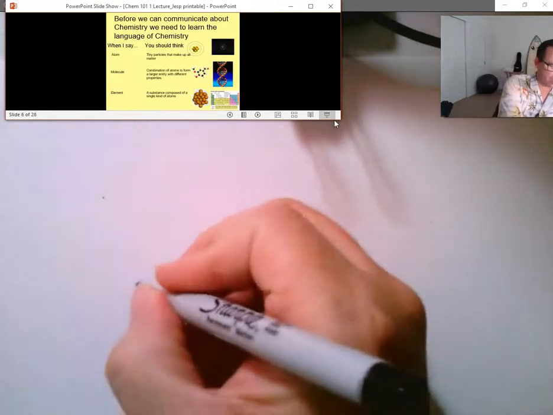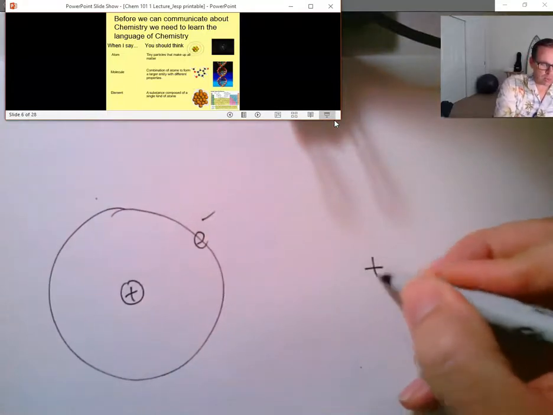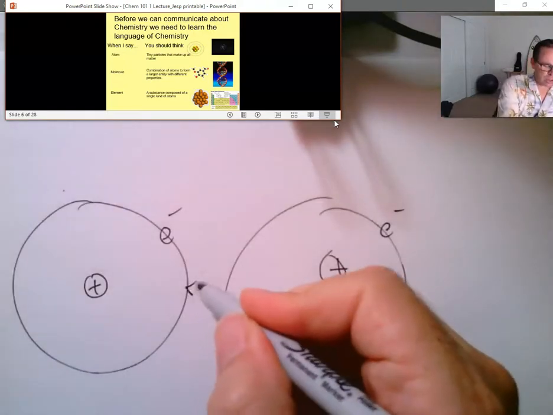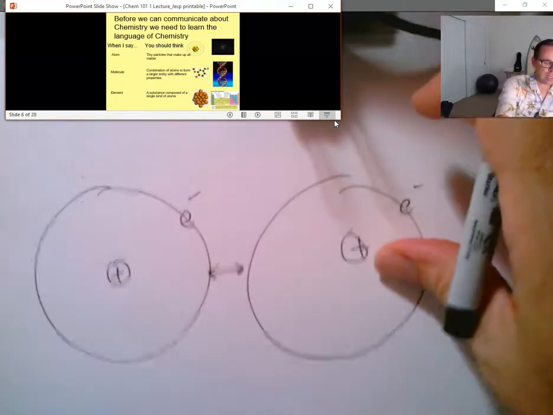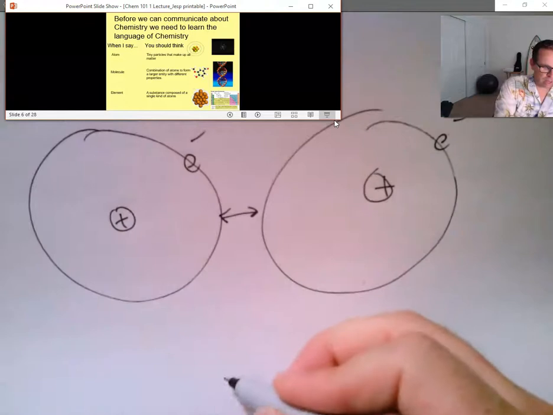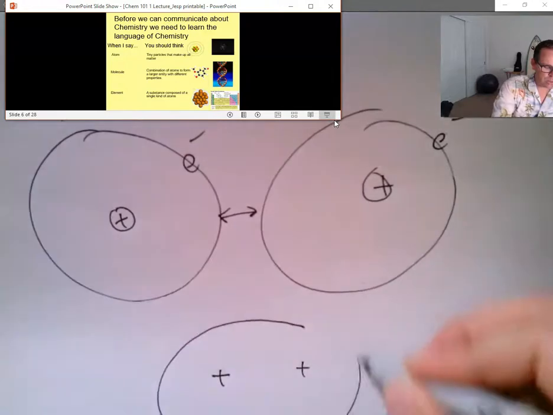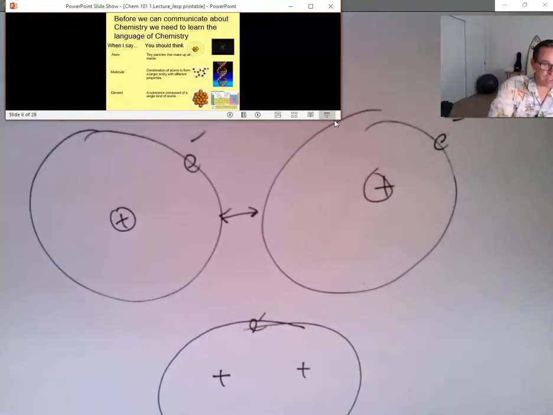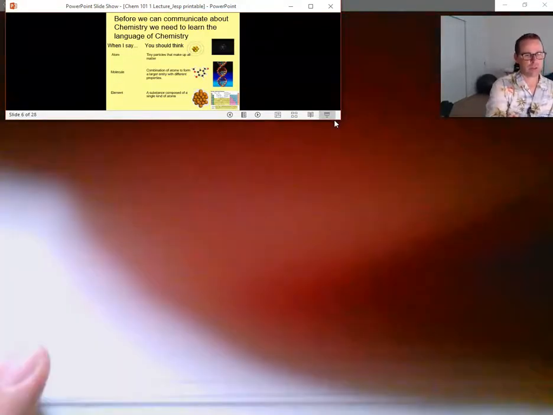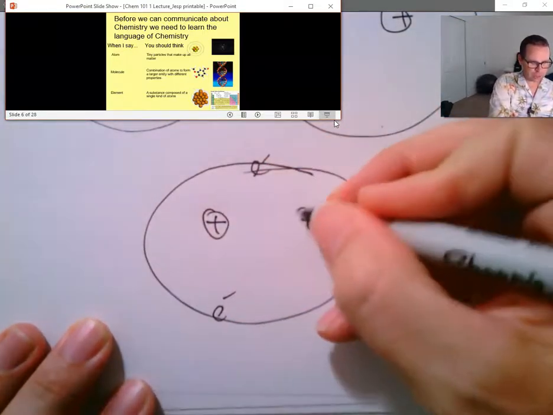So when we combine atoms, I'm going to draw a picture here of an atom. Here's one atom with one proton and one electron around the outside. And here's another atom with one proton and one electron around the outside. When atoms come close together, they can interact with each other and form bonds and create what we call molecules, where now the electron density of both of these atoms is free to interact with both of the nuclei, right?